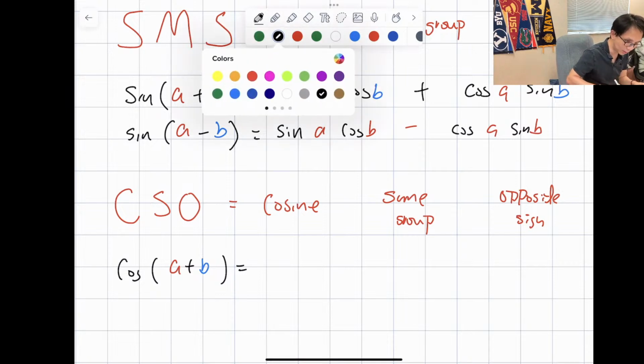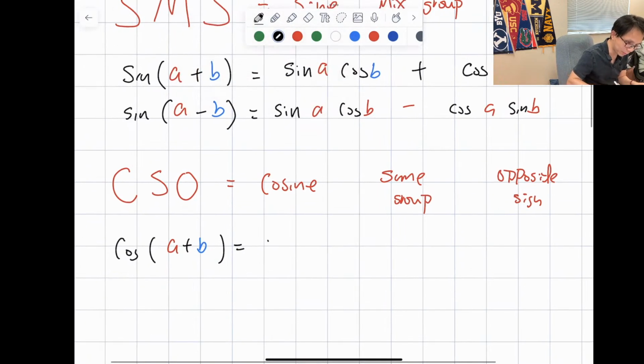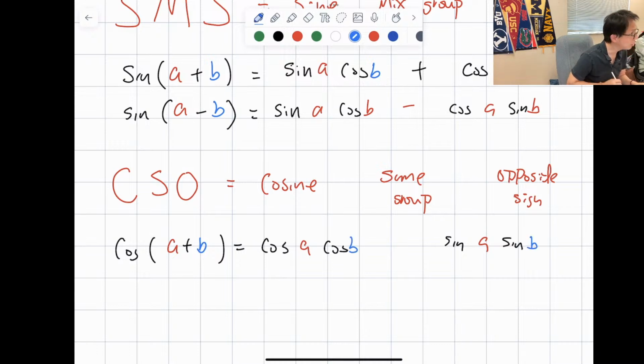So I'm going to use the same group: cosine, cosine, sine, sine. And then fill in the A, A, B, B. Now, what happened to the sign in the middle? It's opposite. It's minus, because you start with positive, you end up with negative. This one's opposite sign.